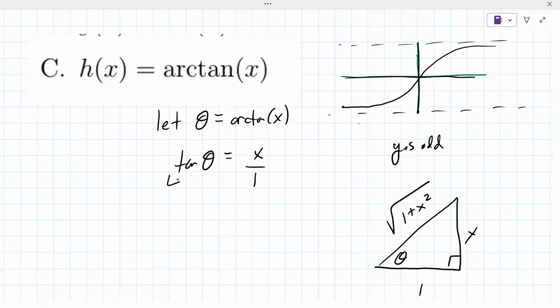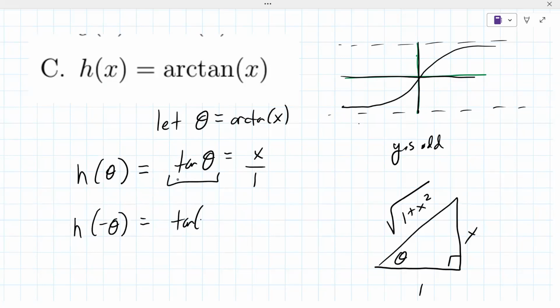So you would actually look at this here, because you basically made a change of variable. You would check, well, what is minus theta? So tangent of minus theta is really sine of minus theta over cosine of minus theta.